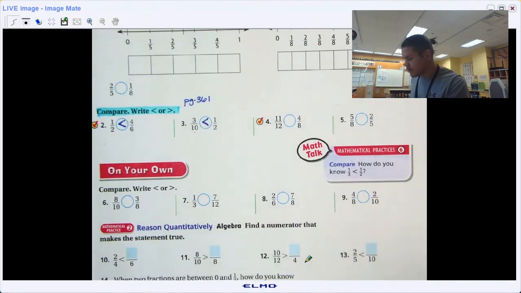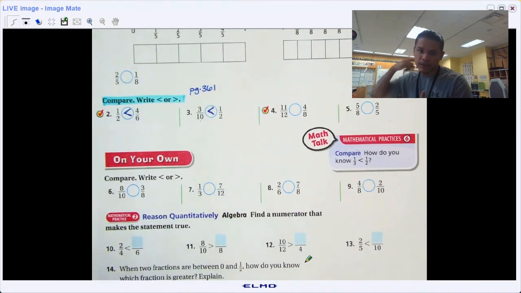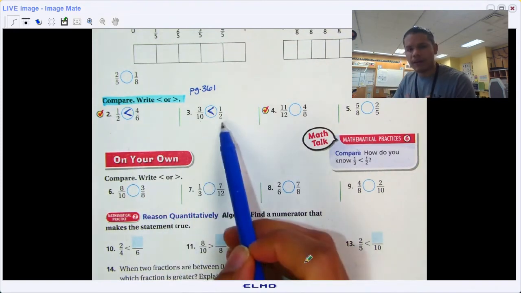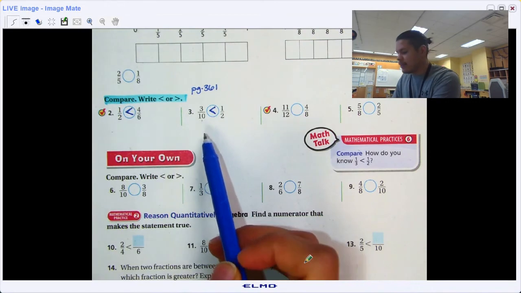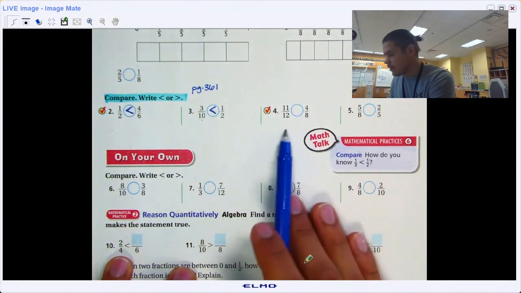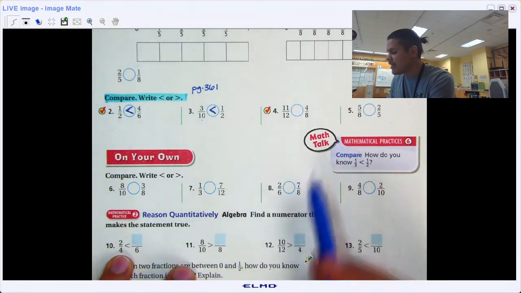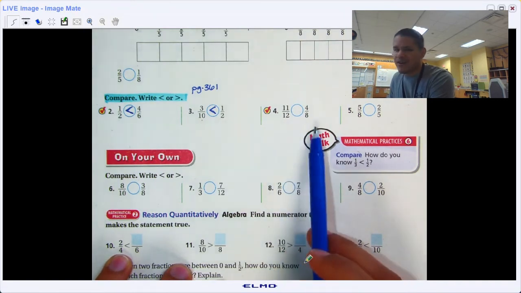Now, you could go ahead and draw a number line if you wanted to, but that's really what we're trying to get you to do whenever you're comparing these, is to use what you know about benchmark fractions, okay? And then go ahead and use some mental math to help you with that. Now, the last problems that we're going to look at are number 4 and number 5, because sometimes you can still use benchmark fractions to help you compare numbers that aren't a benchmark fraction.